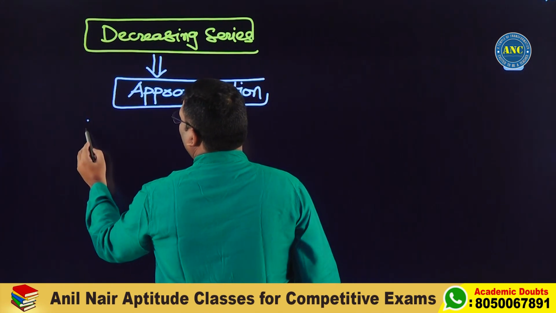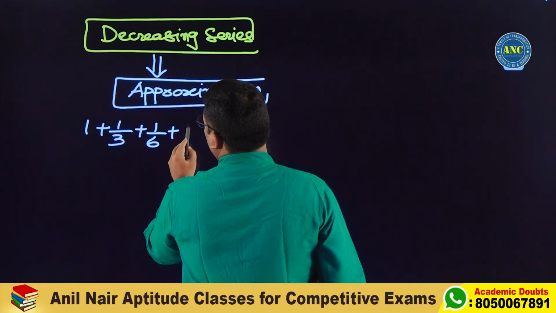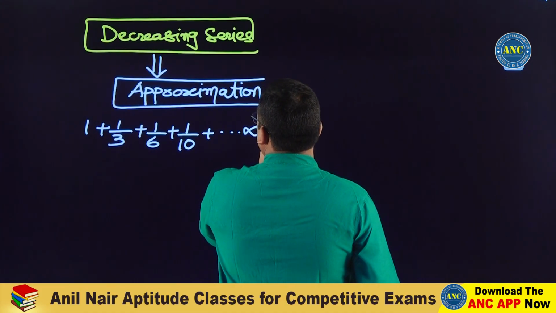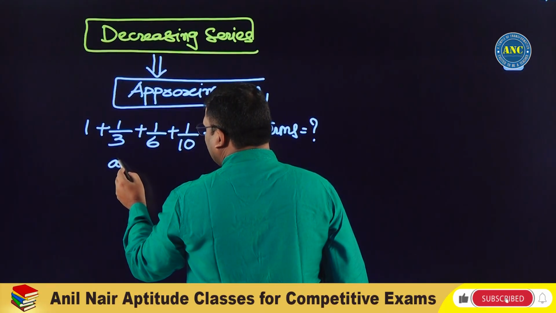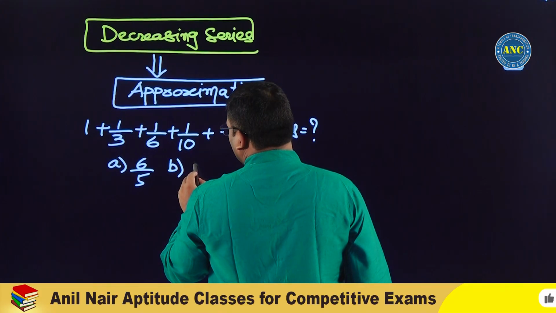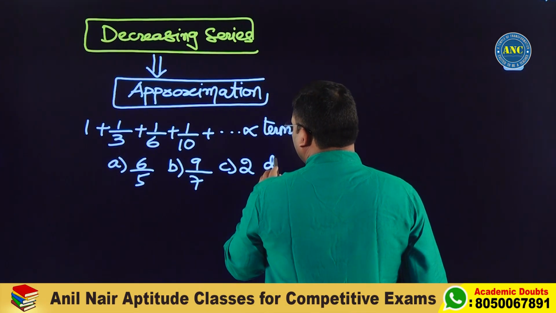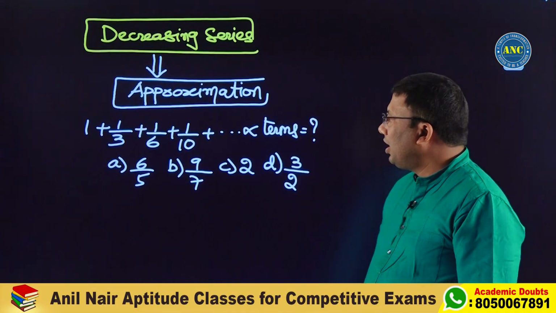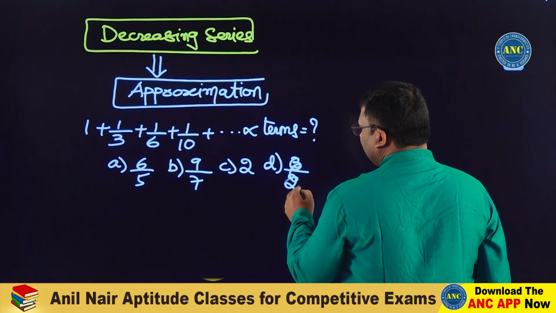Question, please write down. 1 plus 1 by 3 plus 1 by 6 plus 1 by 10 and so on up to infinite terms. Suppose the answer options are 6 by 5, 9 by 7, 2 and 8 by 5.